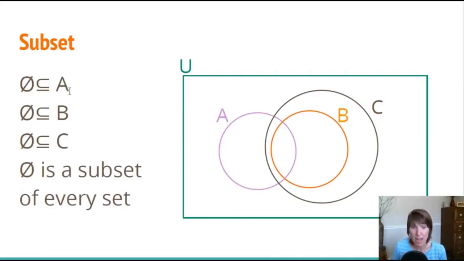So it's a subset of A, it's a subset of B, and it's a subset of C. So the empty set is a subset of every set.